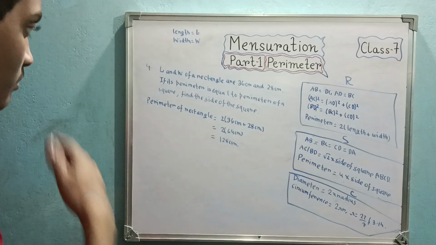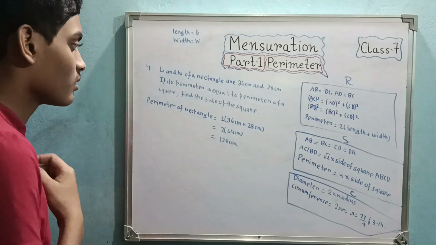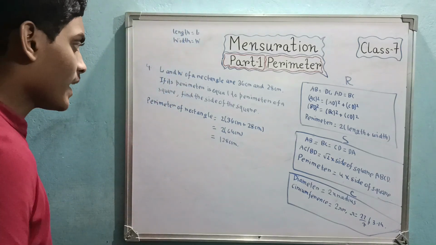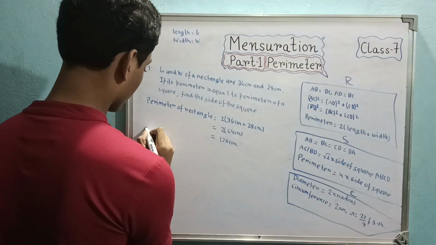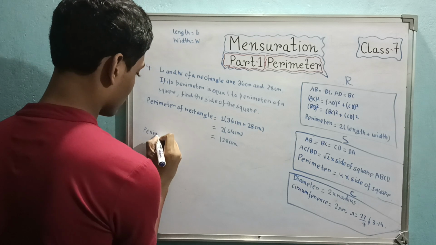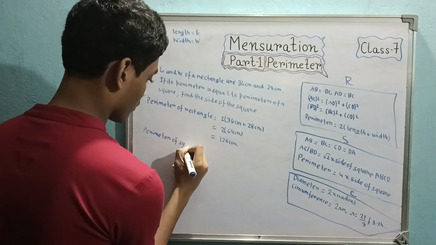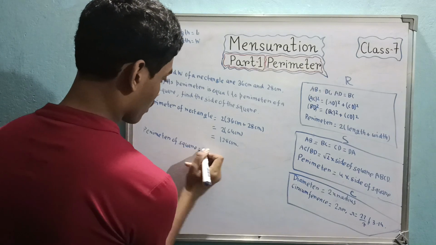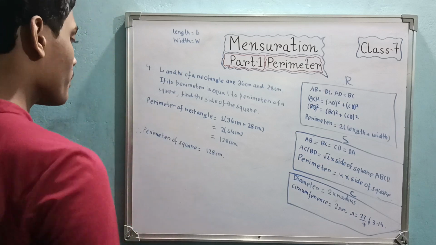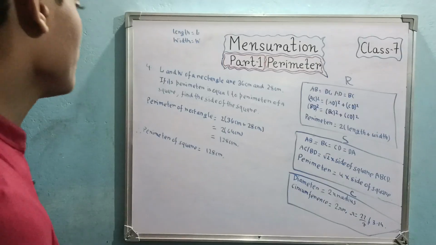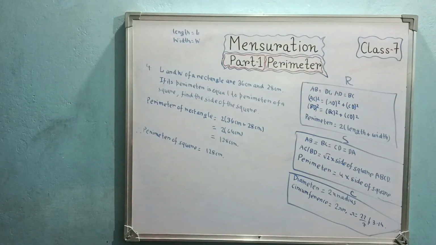Now they are telling us that the perimeter of the rectangle is equal to the perimeter of the square. So we can write the perimeter of square equal to 128 centimeter. That's fine. Now we have to find the side of the square.